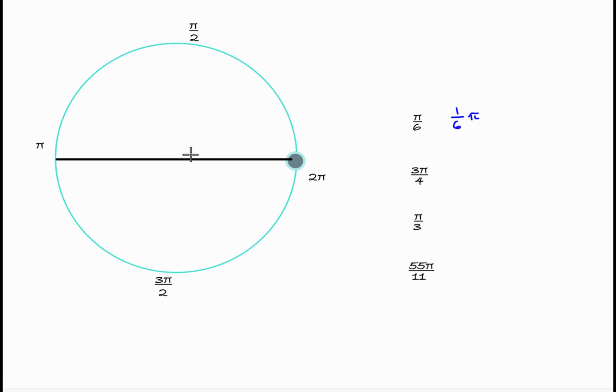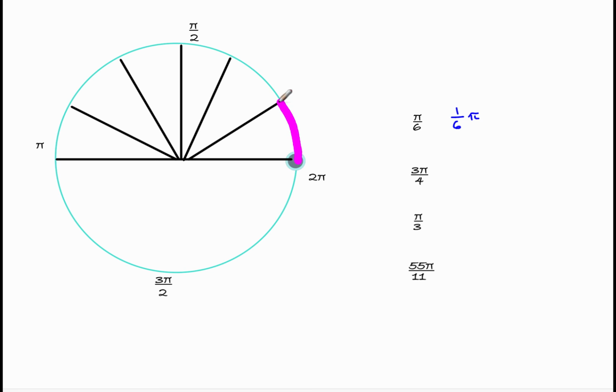Okay, if I divide that into 6 parts, let's see, that's 1, 2, 3, 4, 5, 6. Now I know I didn't draw that best, but you get the idea. And if I went 1/6 of the way, boom, that's the number pi over 6. Now we didn't ask you to turn it into degrees. We wanted you to understand that it's 1/6 of pi.